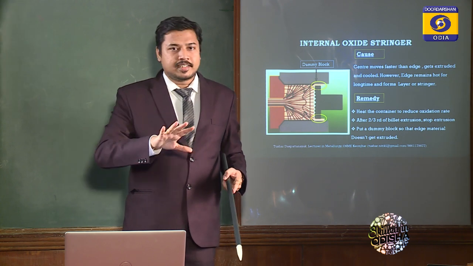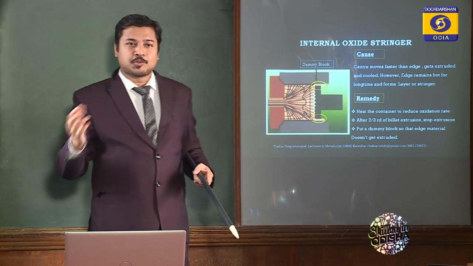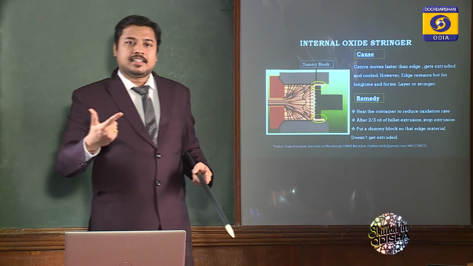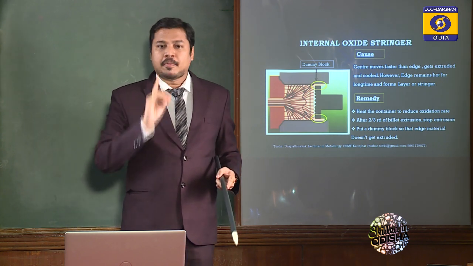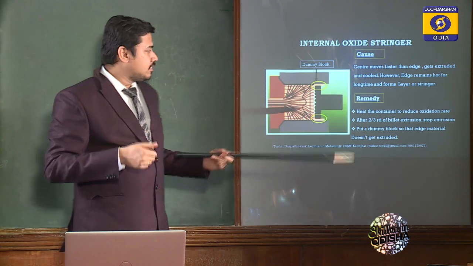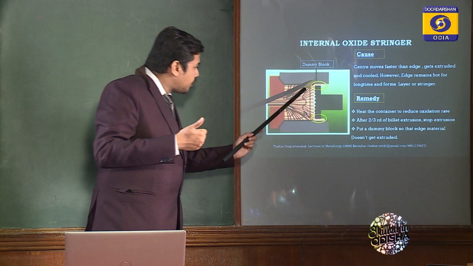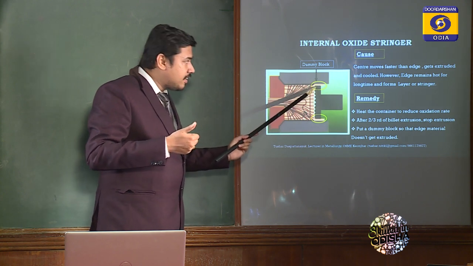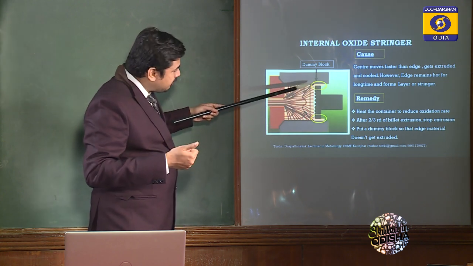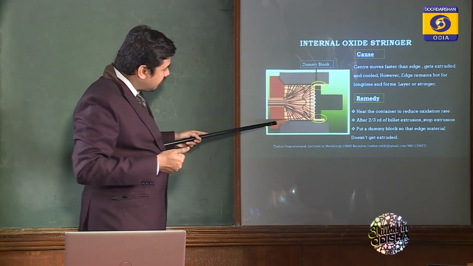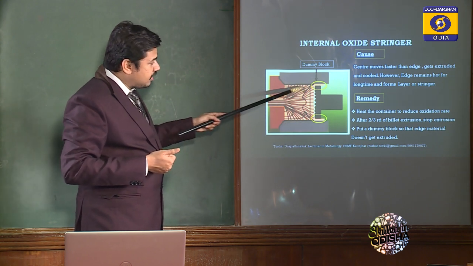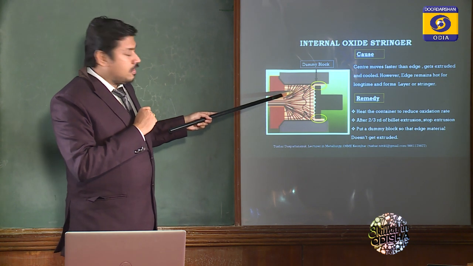Again put a new billet and start extrusion afresh, so that whatever product we get will be defect free. Next remedy is to put a dummy block over there, so that what will happen, if you put the dummy block, these edge materials, this black portion, you can see this black portion, suppose these are the edge materials.